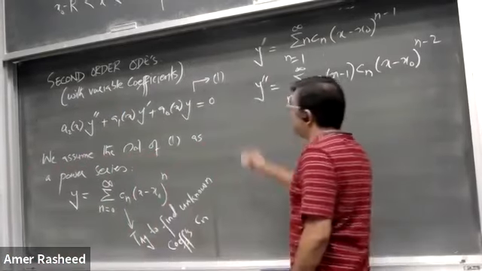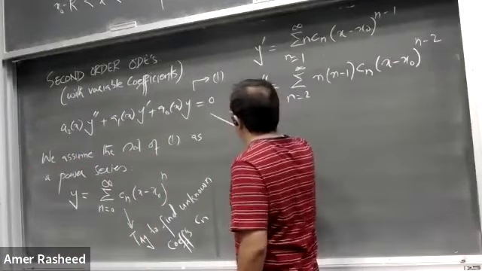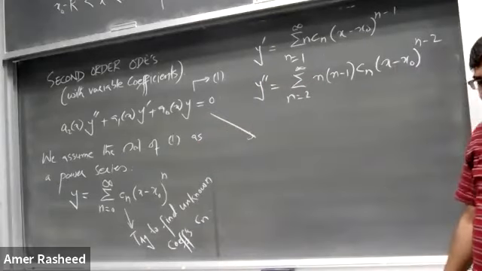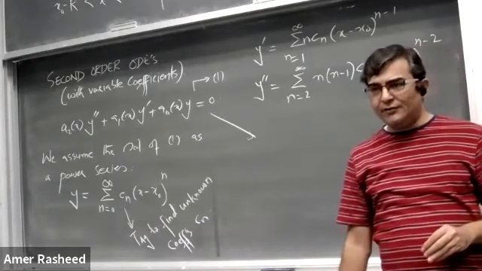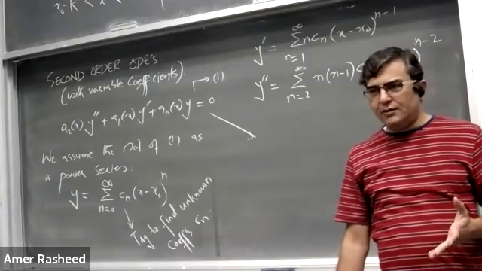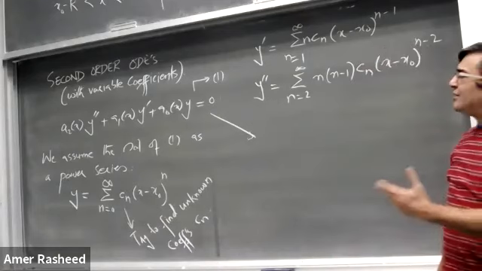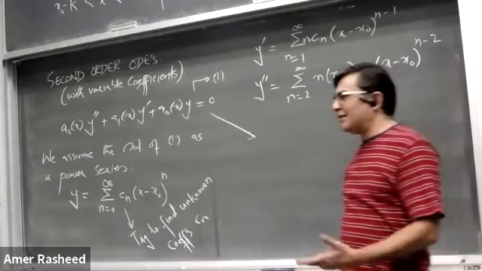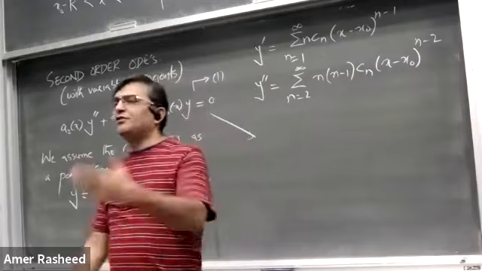But as this is a second order differential equation, it must have a two parameter family of solutions. Because it's second order, it should contain two unknown constants, which are basically constants of integration.